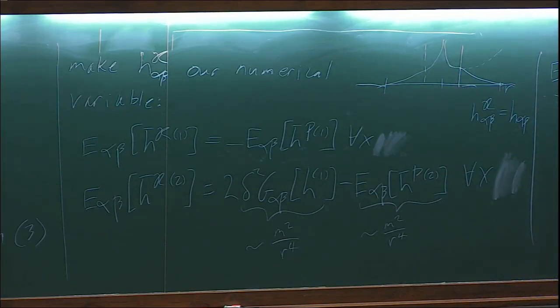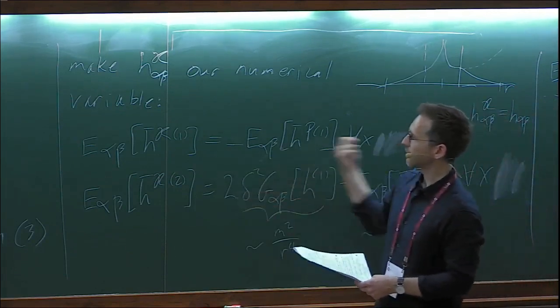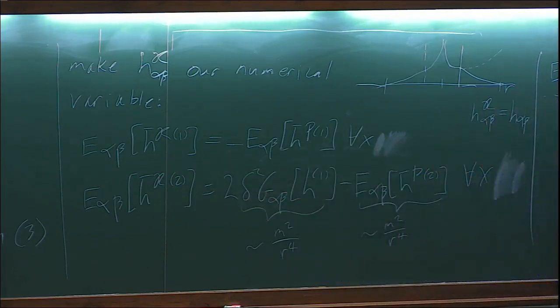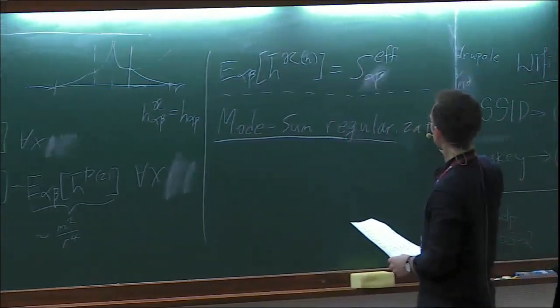Okay, but now what if you did want to calculate the retarded field, the physical field h, and then subtract the singular field afterwards? How would you do that? So as I said, you can't do that at second order, at least using current formulations, but you can at first order, and the method you use to do that is called mode sum regularization.